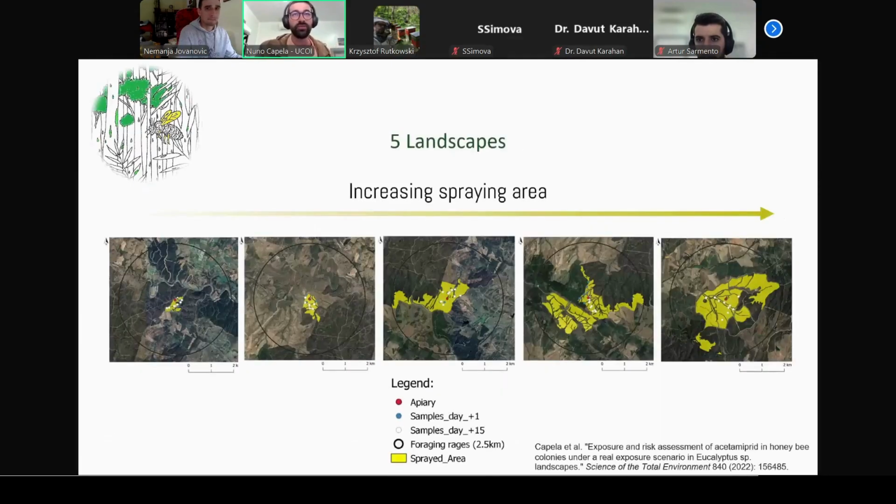So in the first experiment, we had these 5 different windows in which this yellow area is the area that was sprayed. And these dots are samples that we took from the landscape. We also took samples from the hives that were installed in the middle of the landscapes, this red dot. And the goal was to measure exposure, to know how much of the pesticide is taken into the colonies.